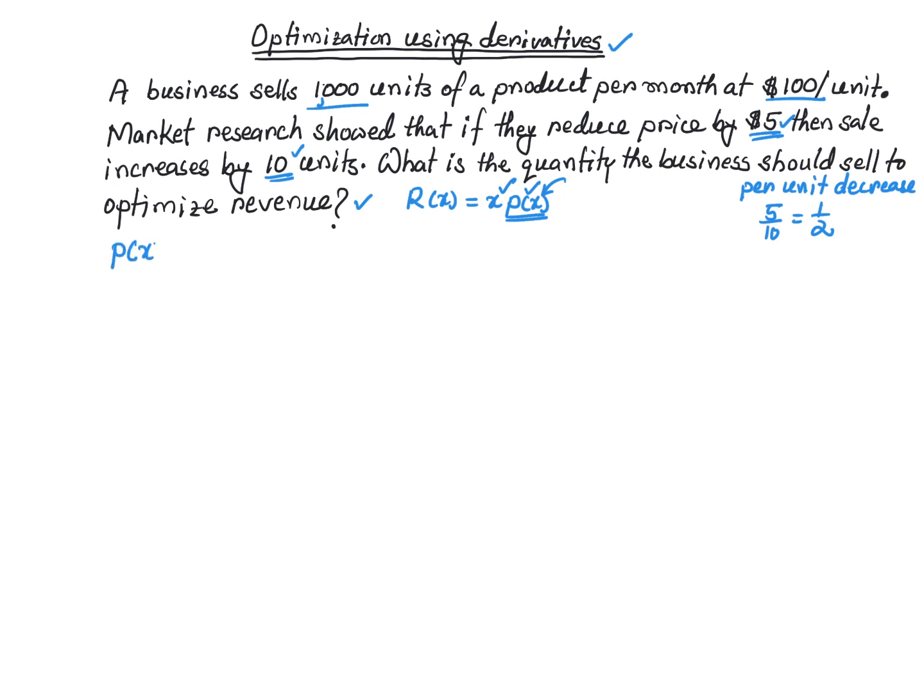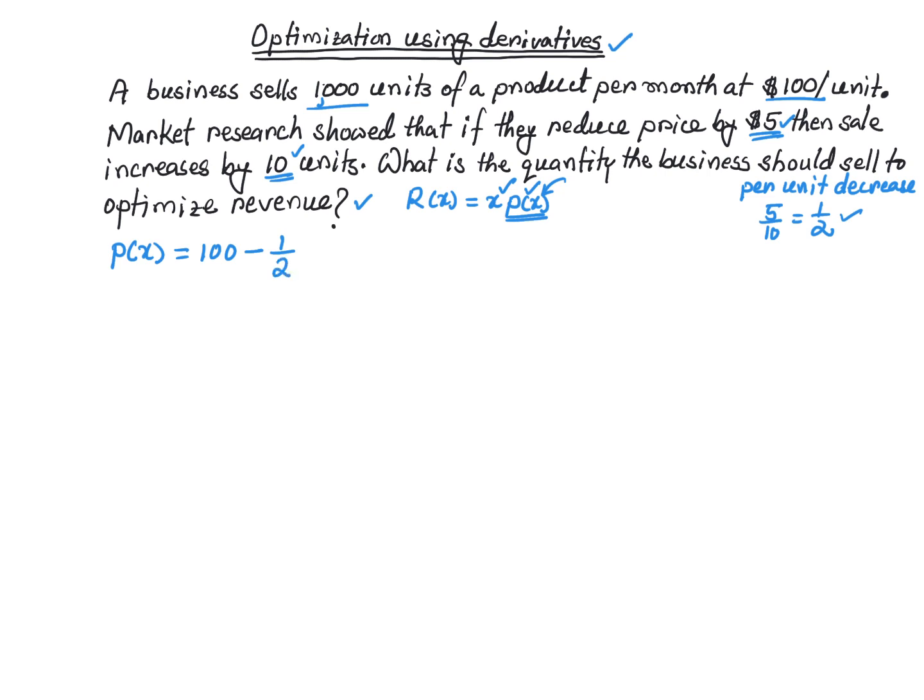So P of x, original price was $100, right? So 100 minus, now you have to think, how is the price changing? So remember, per unit is changing $0.50 or 50 cents. So how many extra units are you selling? That's going to determine what the new price is going to be.